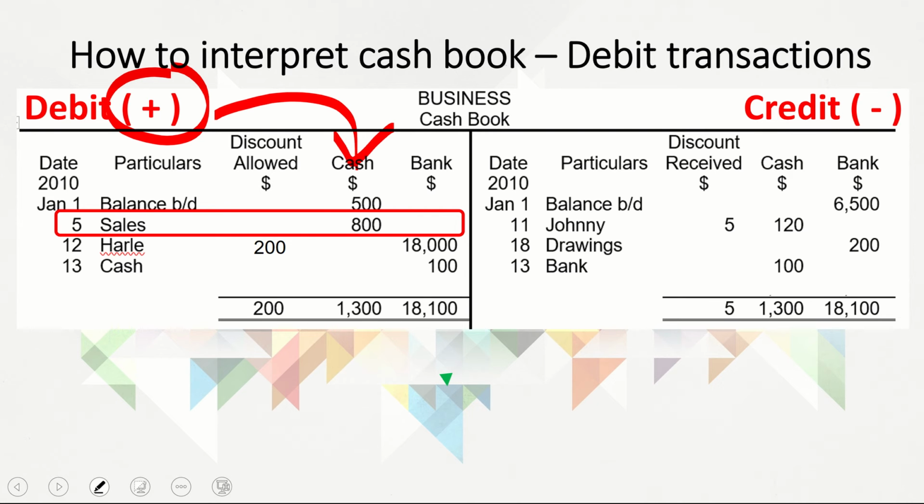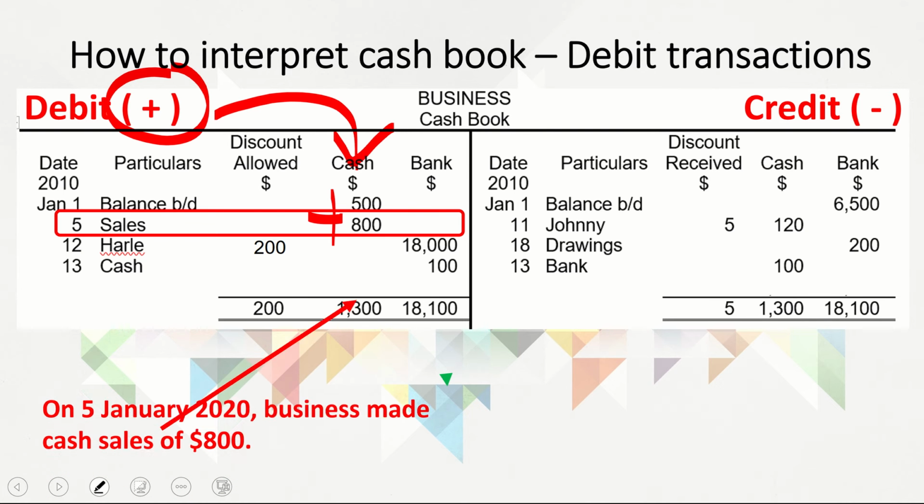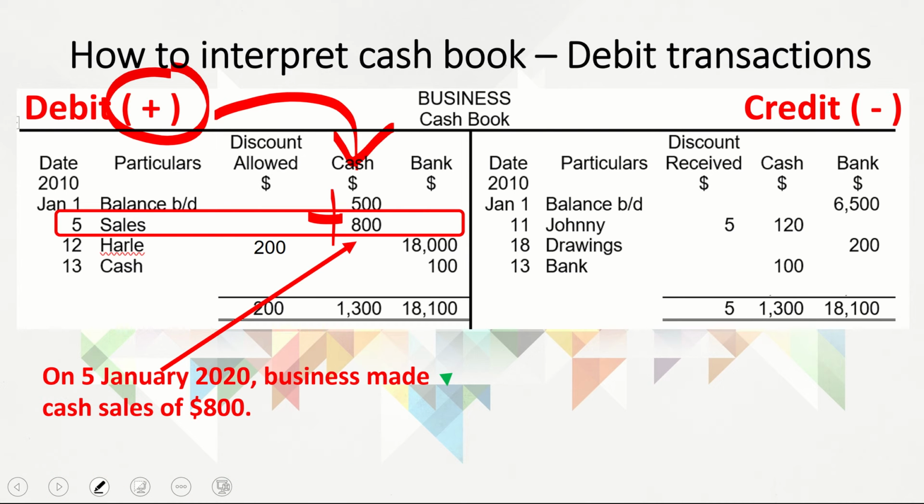It means that cash in hand account has actually increased by $800 because of sales. So what does that mean? It means that your business made a cash sales or rather received $800 cash on 5th of January because of sales. Alright?